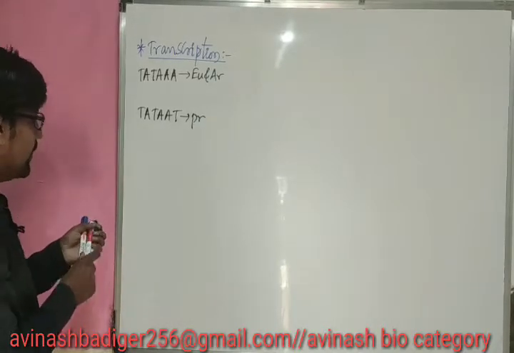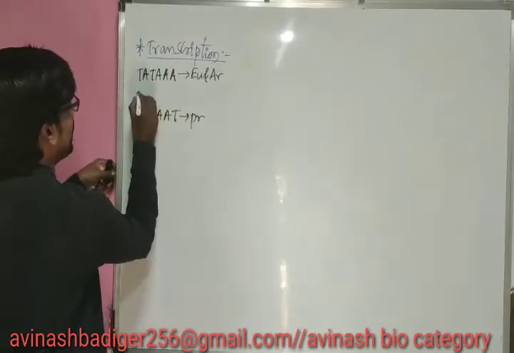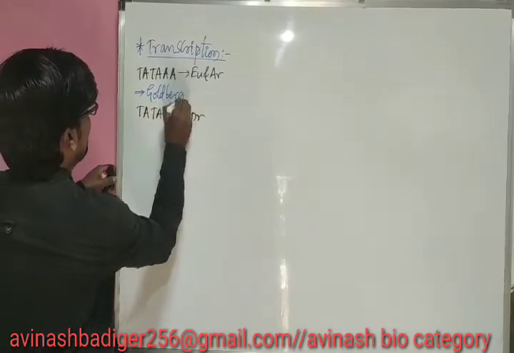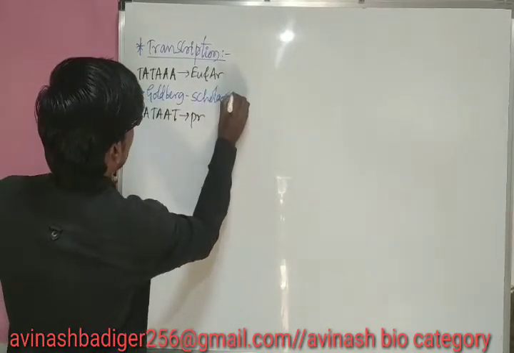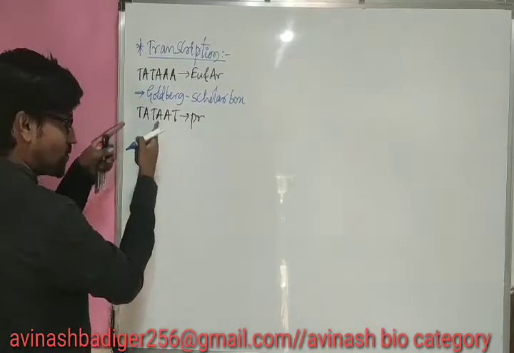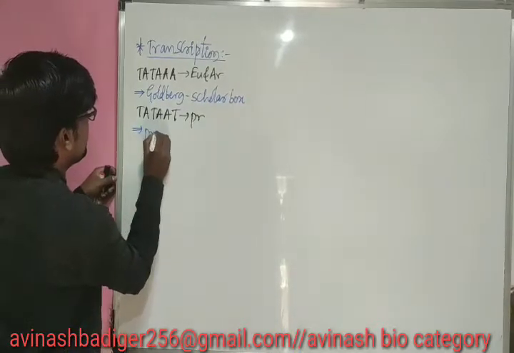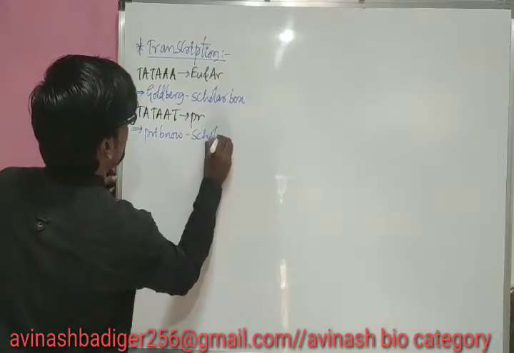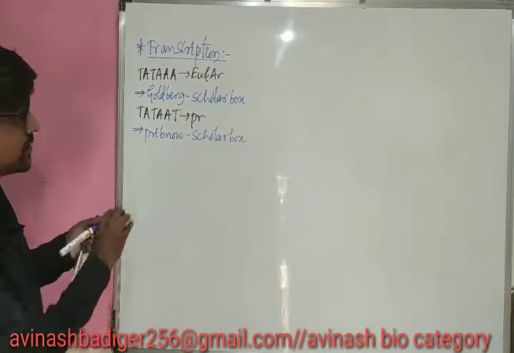This box is also called the Goldberg-Hogness box, and this box, which is present in prokaryotes, is also called the Pribnow box.